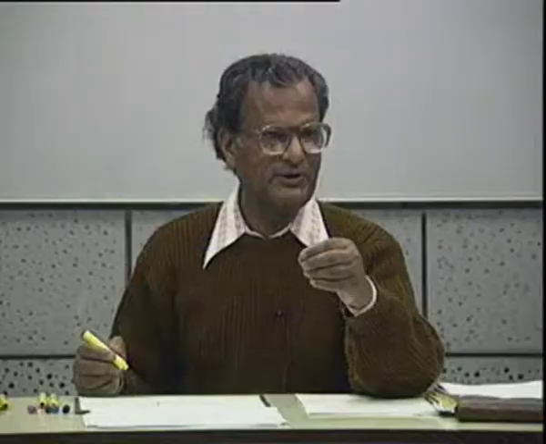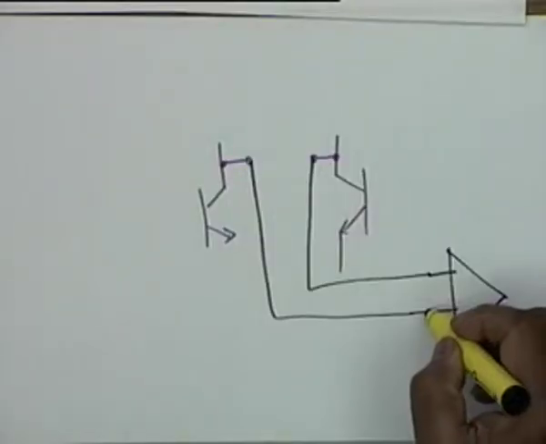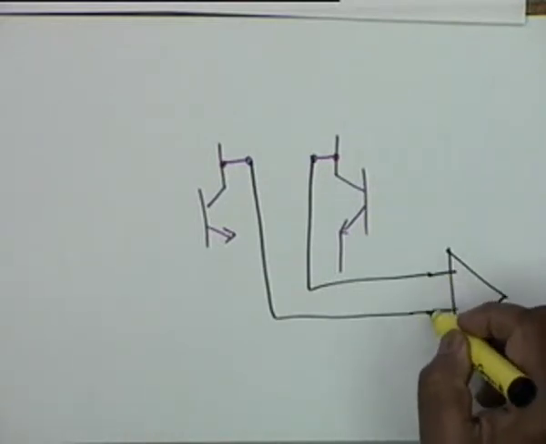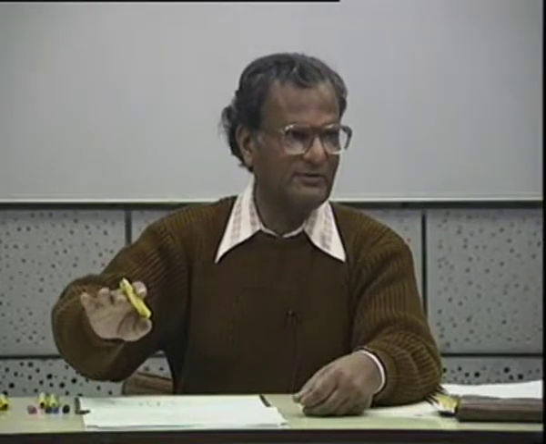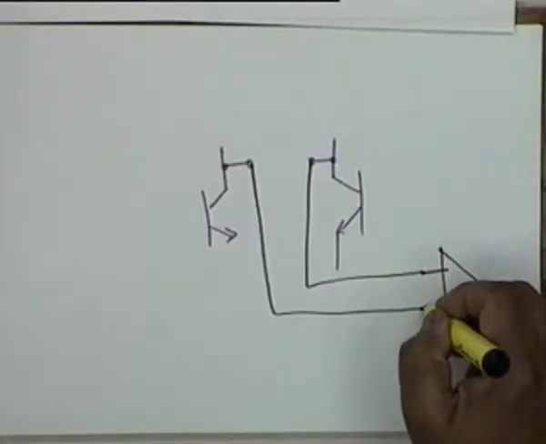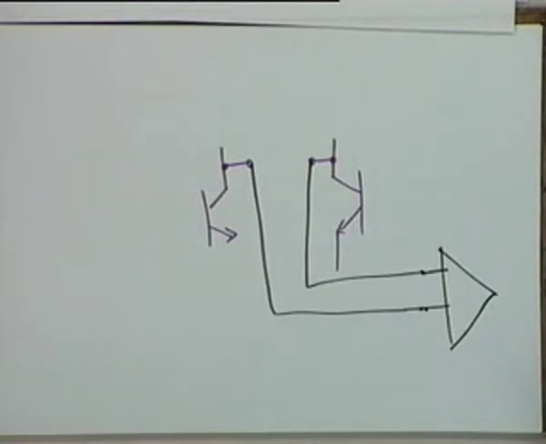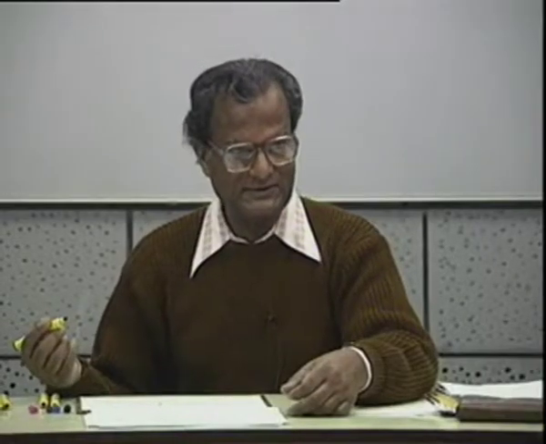That is, this will not create a signal at the input of the differential amplifier. Is that clear? The input to the next differential amplifier will arise only when there is a signal. When there is no signal, there will be no DC offset here. In other words, VOD shall be equal to 0. This is the major advantage.